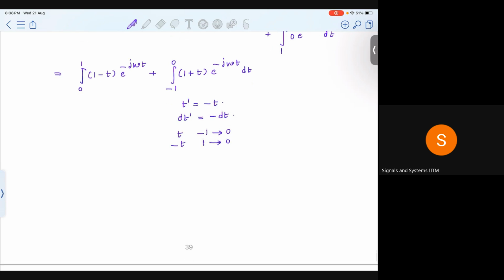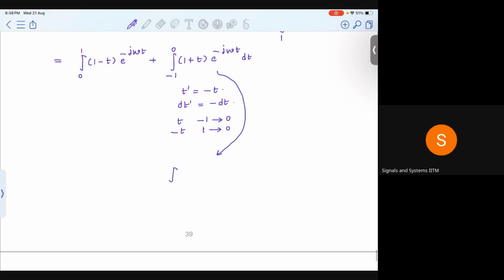So how does this look? This can also be written as the integral from 0 to 1, 1 minus t prime, e power j omega t prime dt prime. How did we get this? Change of variables.